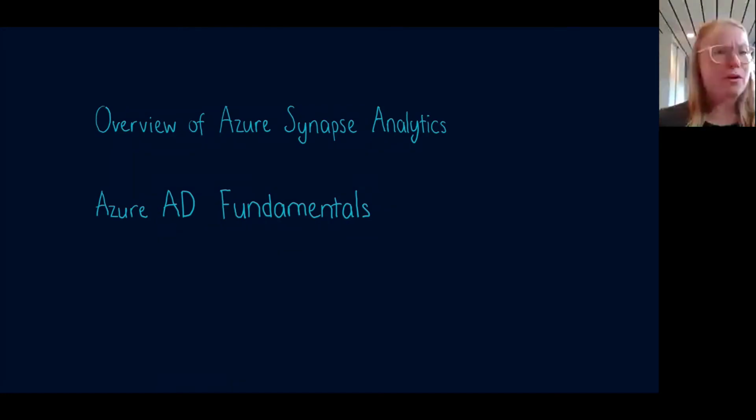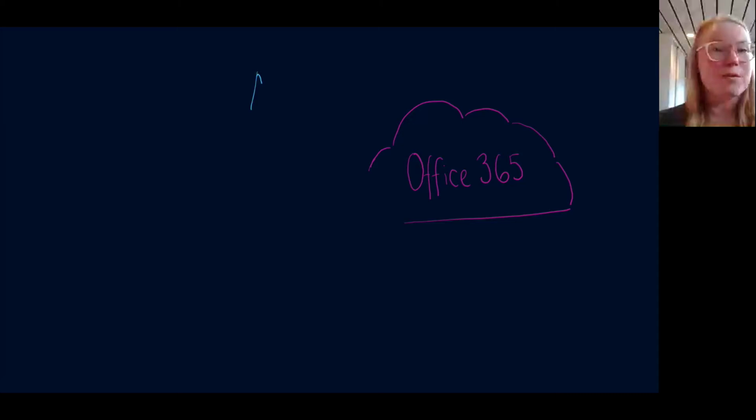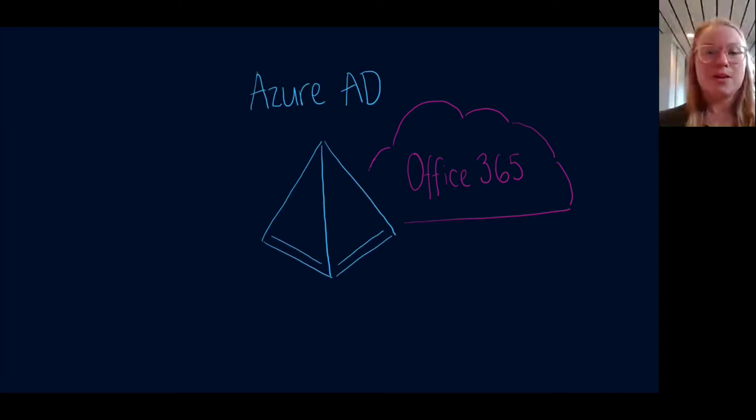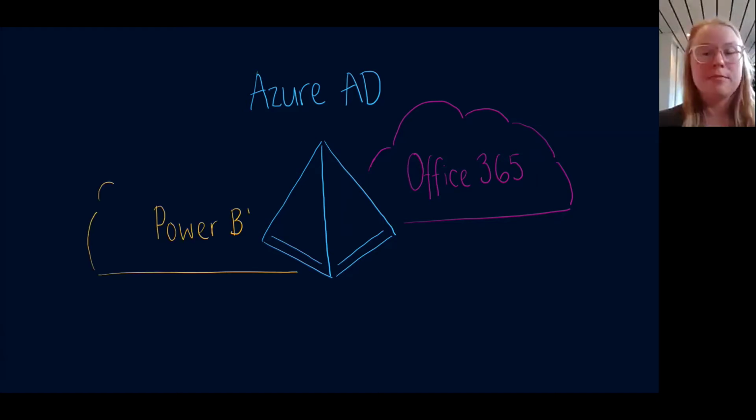Most organizations end up with Azure AD from using Office 365, or nowadays more commonly called Microsoft 365. When you have those services, you also get an Azure AD. This is where all your users reside, and you can have their identities placed there. But just as well, you could start with Power BI or have all of these services together.